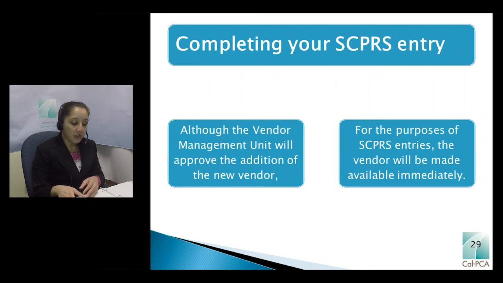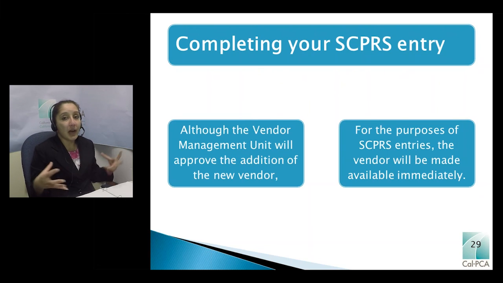Now, there have been questions regarding what happens if the vendor management unit determines that it is a duplicate. Am I going to have to redo my Scprs entry? I've not gotten any indication of such. Hopefully they'll be able to at least combine the entries so that it can recognize that it is the same entry, and anything that's within one entry gets merged into the other.